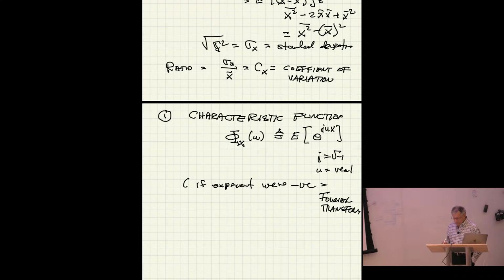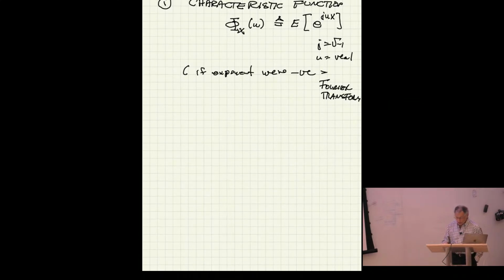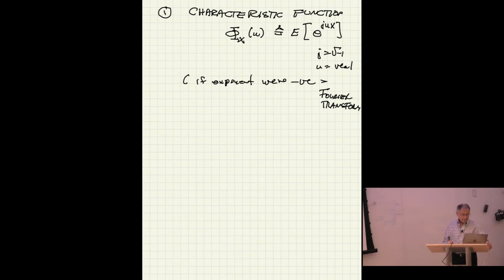And it has properties very much like other transforms, very much like the Laplace transform, for example. Now, if I do a Maclaurin expansion of this exponential, I'm going to get the following.